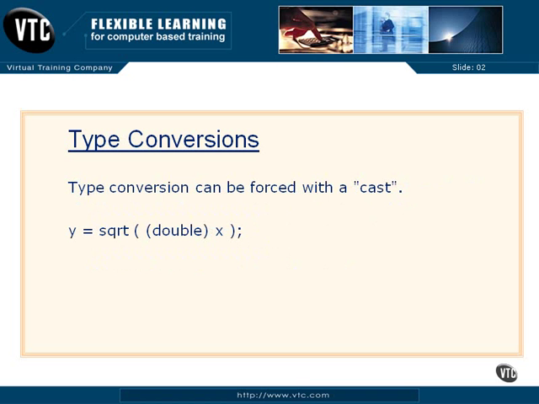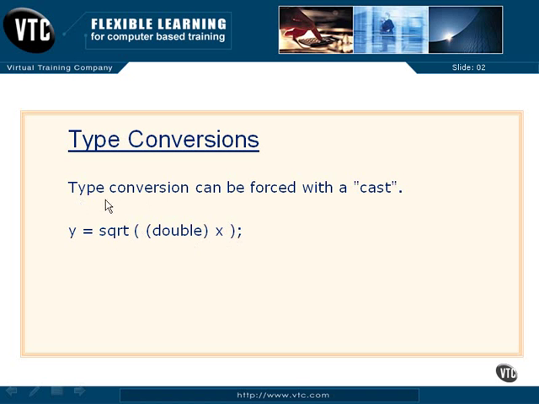So here, regardless of what x might be, it could be an integer or a character or who knows what up here in our program, we are going to pass it into the square root function. Well, now square root wants to have a double coming in. And what we are doing here is inside these parens, we use the word double, and that is a cast. That is a type cast. So we are casting x to be a double before it ever goes into the square root.